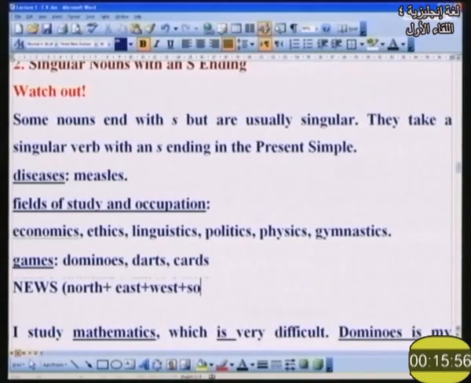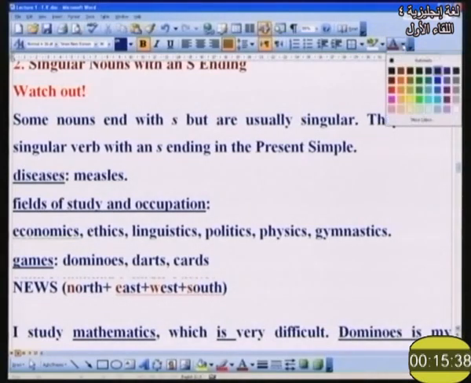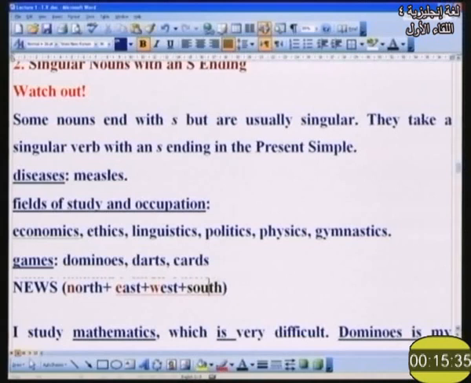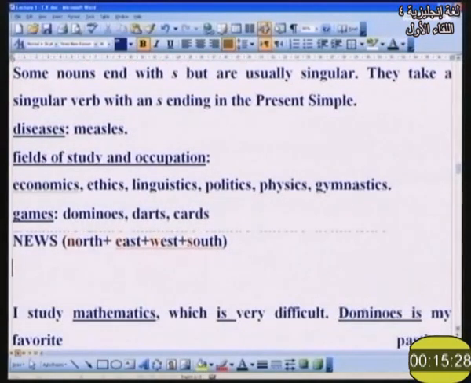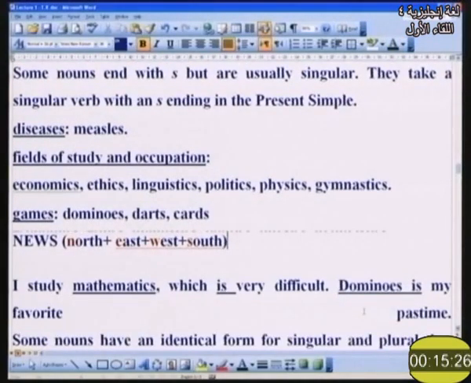Plus south. What happens is that they got the first letter of the 4 words. Okay, so the S is not a plural. It is just the S in south. So news does not have a plural form. رغم ان احنا بالعربي بنقول خبر واخبار.